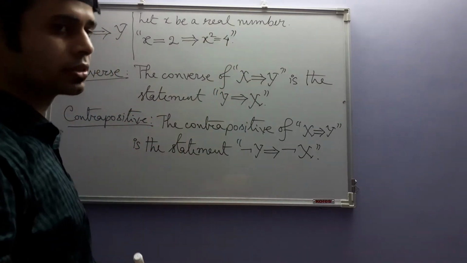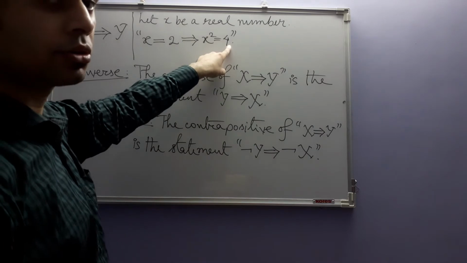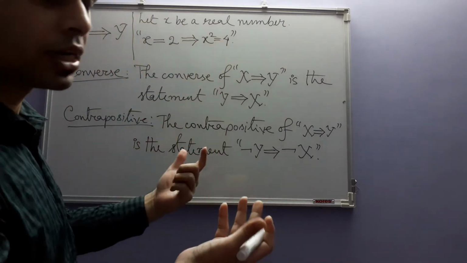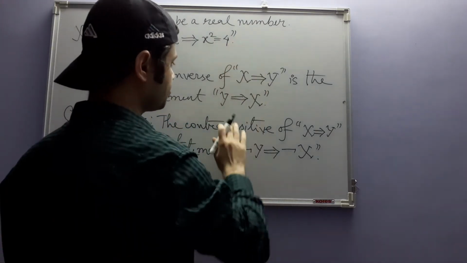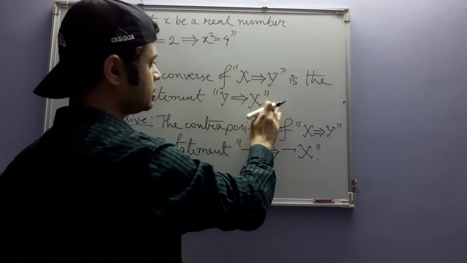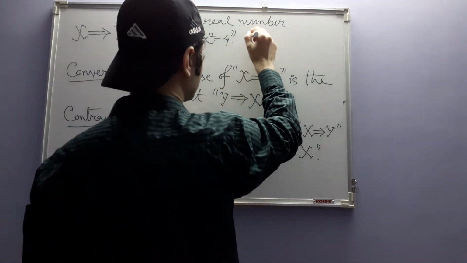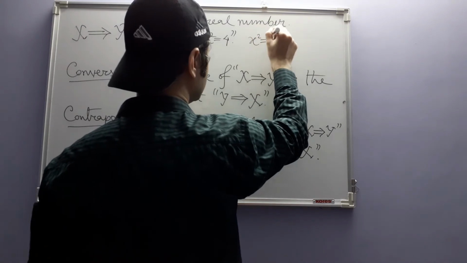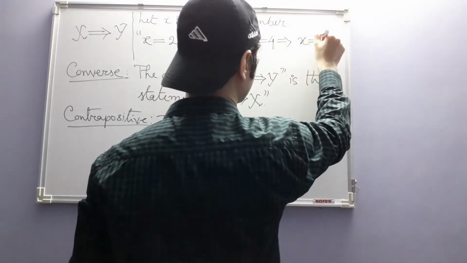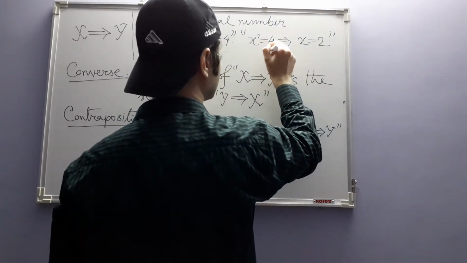This is an implication where the hypothesis is X is equal to 2 and the conclusion is X squared is equal to 4. Now what is its converse? To form the converse, you just interchange the hypothesis and conclusion. So now the conclusion becomes the hypothesis and the hypothesis becomes the conclusion. This is the converse.